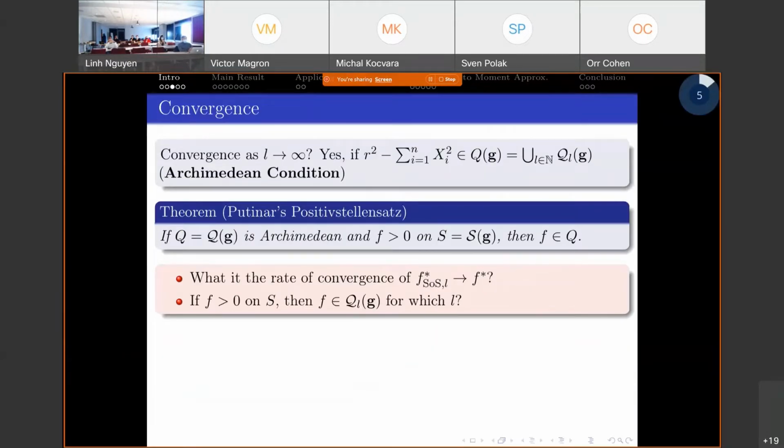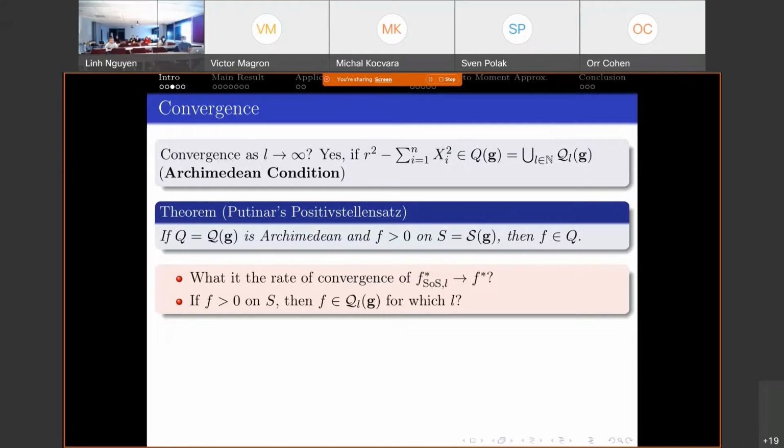The first question that we ask ourselves is: do we have convergence as L goes to infinity? And the answer is yes, if the Archimedean condition is satisfied. And this is because of Putinar's Positivstellensatz. So we know that if the quadratic module generated by the inequalities g_i is Archimedean, and f is a strictly positive polynomial on S, then f belongs to the quadratic module.